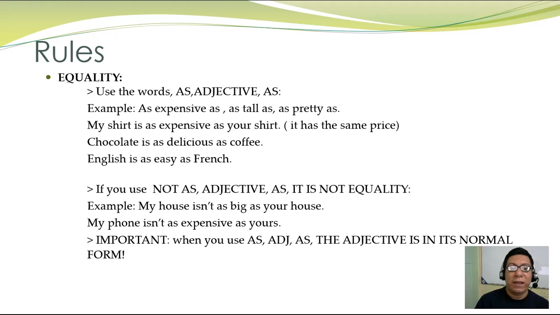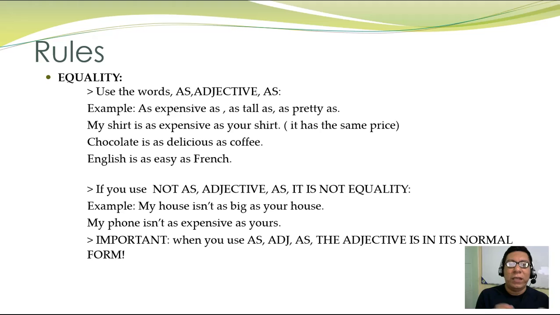Example: as expensive as, as tall as, as pretty as. My shirt is as expensive as your shirt. It means it has the same price. Chocolate is as delicious as coffee. English is as easy as French. It's not true. French is more difficult. But just an example. So you can compare two things, saying both are equal using the words as, adjective, as.